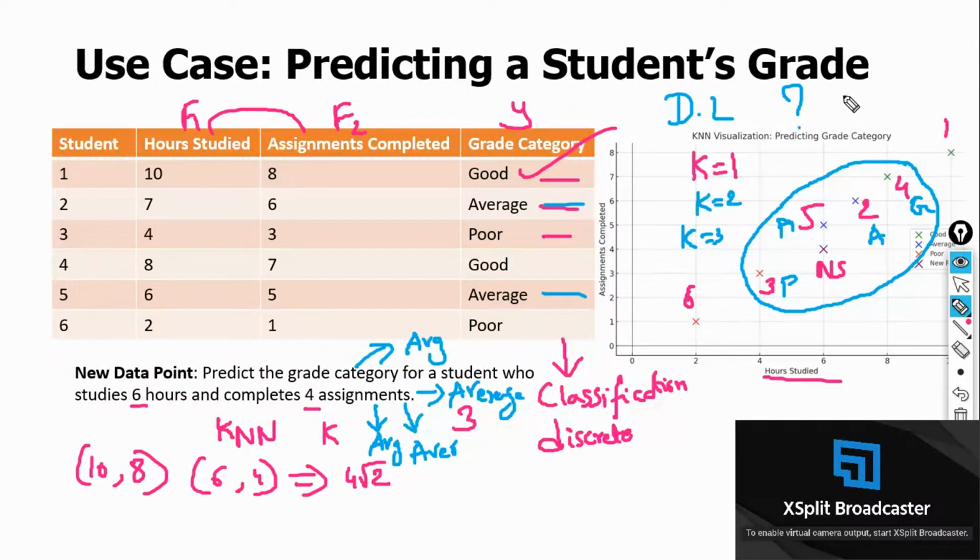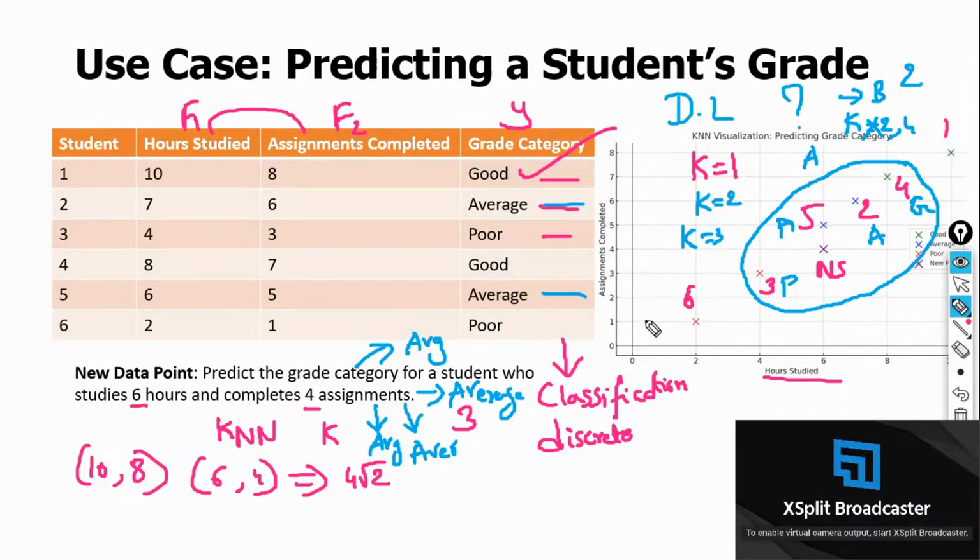For example, if you have a binary category, that means only two classes are present, don't take multiples of the class. That means k should not take 2, 4, 6, and so on. Because if you take these multiples for k, there might be chances of getting an ambiguity case. What if you have a tie?